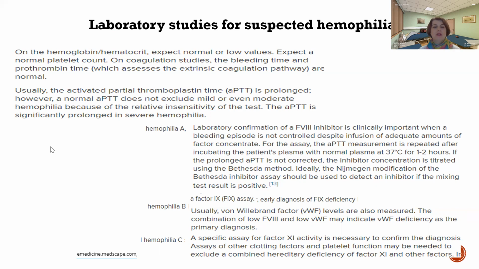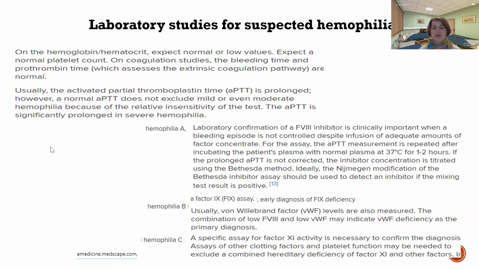If the prolonged activated partial thromboplastin time is not corrected, the inhibitor concentration is titrated using the Bethesda method. For patients with hemophilia B, a factor 9 assay should be carried out for early diagnosis of factor 9 deficiency.